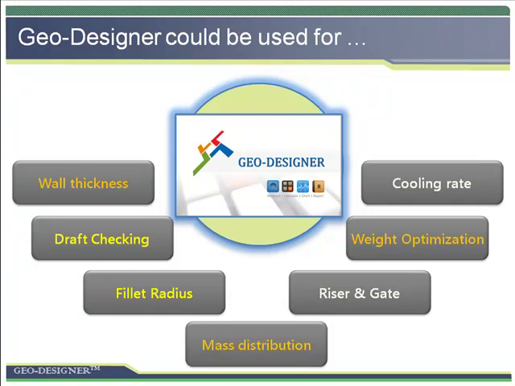For example, the cooling rate evaluation for metal casting and plastic ejection, and the riser and feeder design in the casting process. Another major application field of Geo-Designer is the geometry feature checking. It is very important for product design and manufacturing process, such as thickness, draft angle, and the fillet radius.